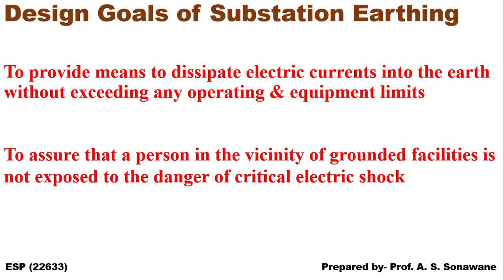Also, in order to properly plan and design the earthing grid, some calculations are required. Those calculations are of maximum fault current, grid resistance, grid normal current, ground potential rise as well as touch and step potential levels. Now let's see the improvement of the earthing system.